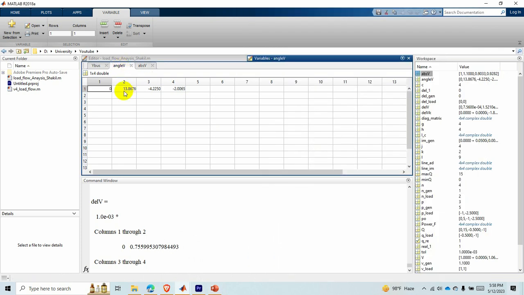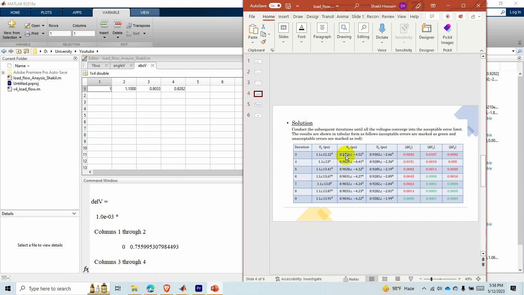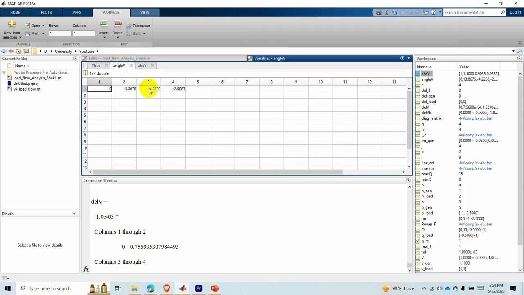Then V2, then V3 will be 0.9033 angle -4.23. So we can see that the answer is exactly the same.